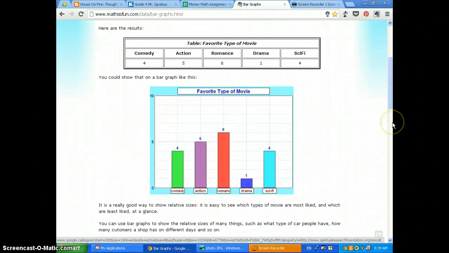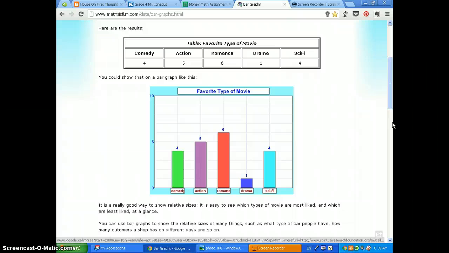Let's just study this a little bit. The thing that we need to do now is go further, where we just don't say everyone's favorite movie is romance. We want to go deeper than that. Right? We want to start asking questions now, right? Why, for example, why do we think romance was the number one?